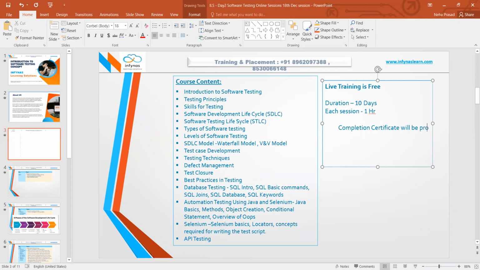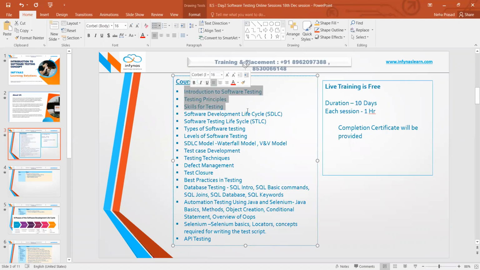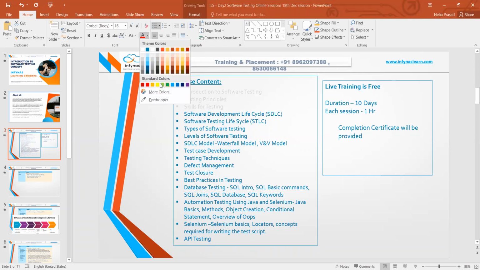So on Saturday we had our first class, wherein we discussed introduction to software testing, testing principles, and skills for testing. Yesterday we all were so active, proactive, and replying to all the comments.